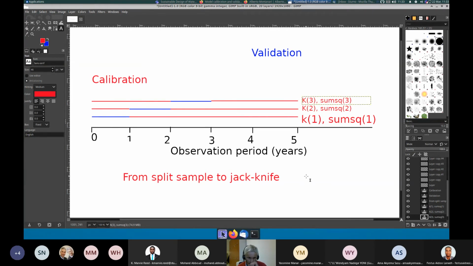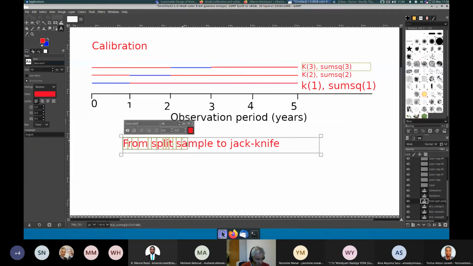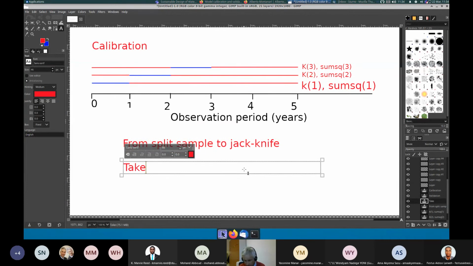Okay. At the end, what you do, you can take, let me write here. Take the average value of K as the final K value.